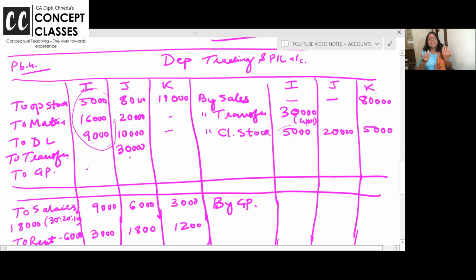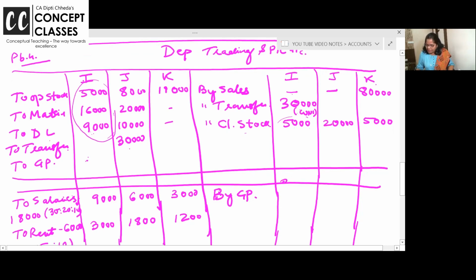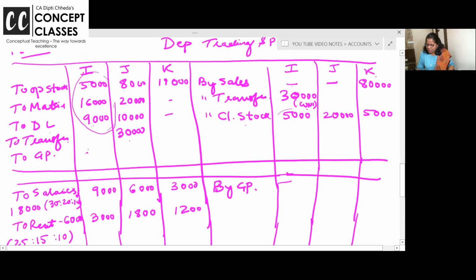J is receiving, welcome. Can I complete this total of I department? Do it with me, all of you. 35,000. Total the I department, GP will come 5,000. Check. 35,000 minus 5,000 minus 16,000 minus 9,000, 5,000 is the GP.